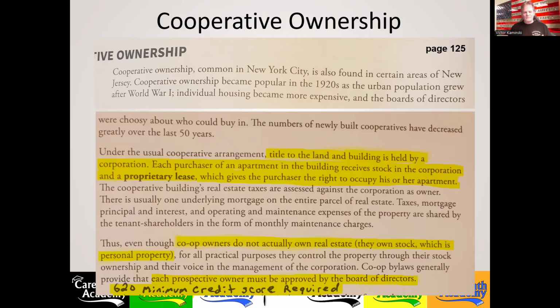Okay, look, you could have some co-ops where the building is only for artists. You have to be an actor, a dancer, a writer, a singer, a poet, a musician, or some sort of artist, the painter, the sculptor.